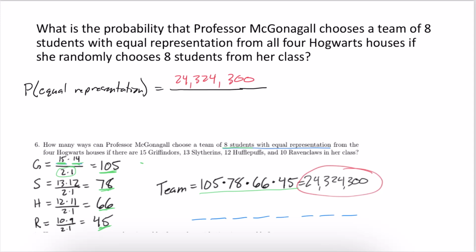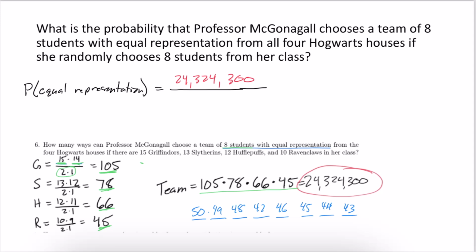If she has 15 Gryffindors, 13 Slytherins, 12 Hufflepuffs, and 10 Ravenclaws, if you add all of those together, you have 50 students that she could choose her first student from. Then she has 49 students she could choose her second one from, and 48, 47, 46, 45, 44, and 43 for all of those choices.